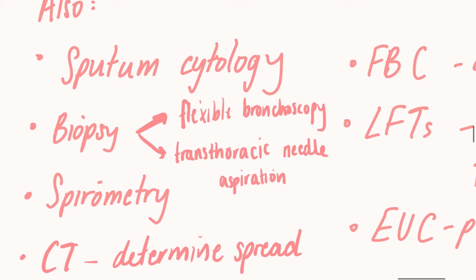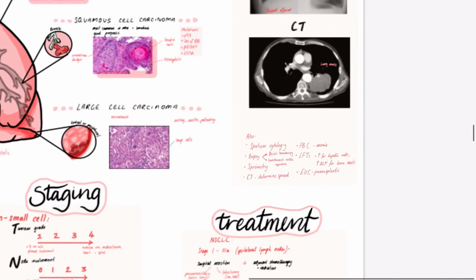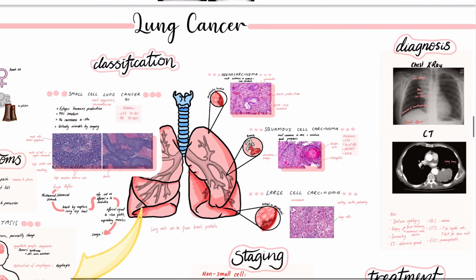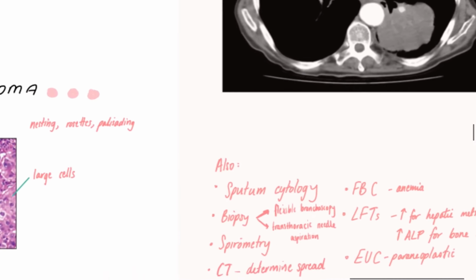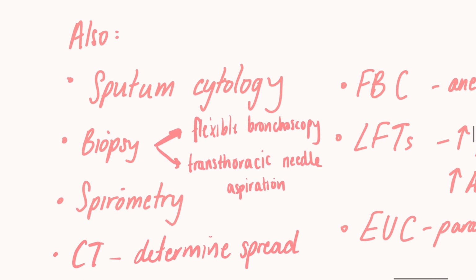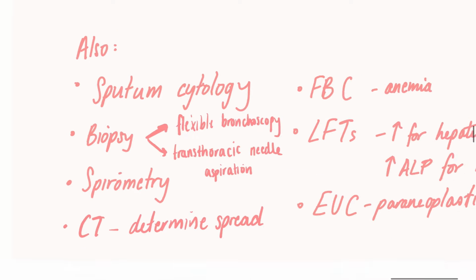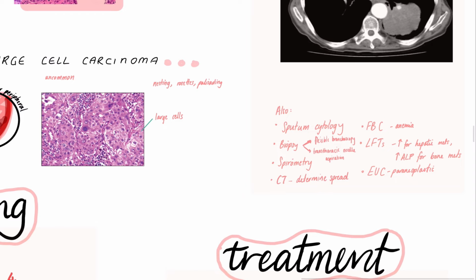And if it's a more centrally located lung cancer, for example, squamous cell lung cancers or large cell lung cancers, we can actually do something called a flexible bronchoscopy, which is basically where they stick a tube down into the lungs and they take a swab or a little biopsy of the lung tissue and sample that. It can be pretty invasive though.